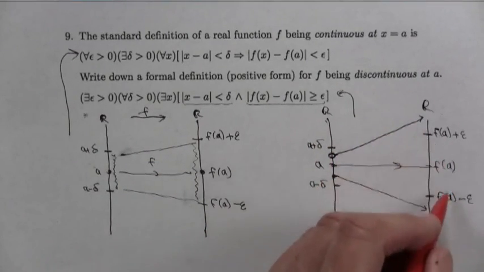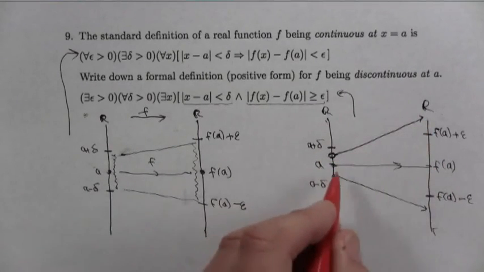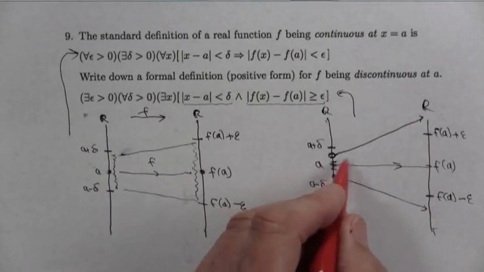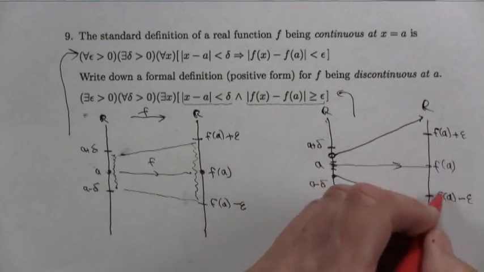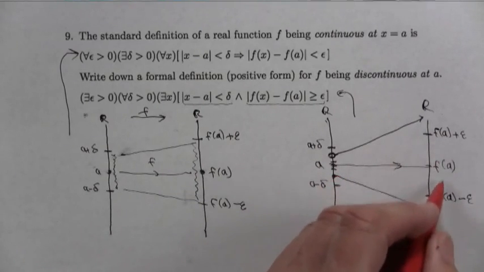So there's some epsilon here that no matter what you do, no matter how close you are to a, something gets sent out here. In other words, there are points really, really close to a that get sent outside this region. So there's no way that you can get all points in here.